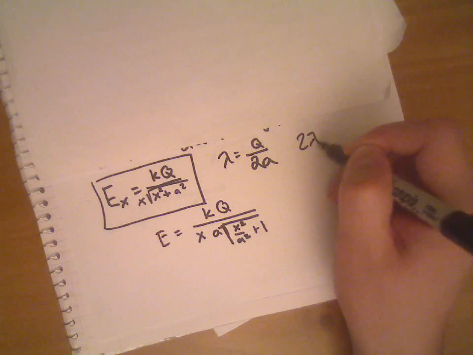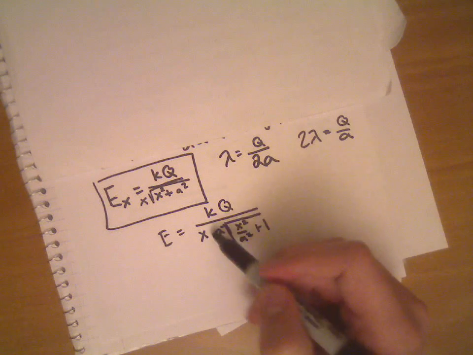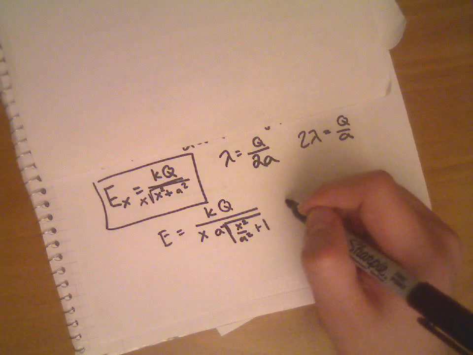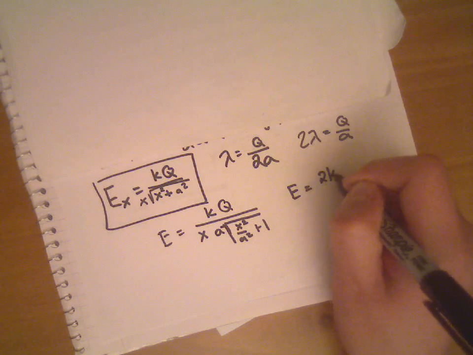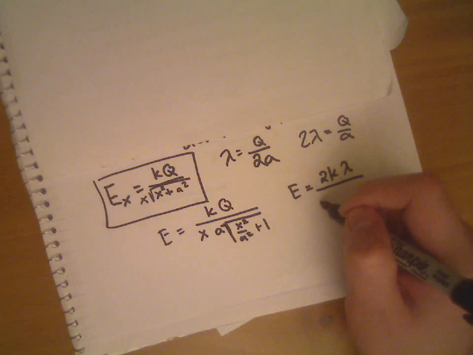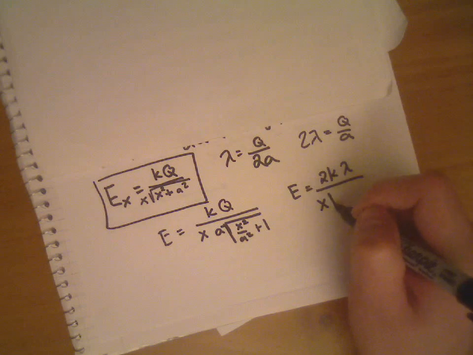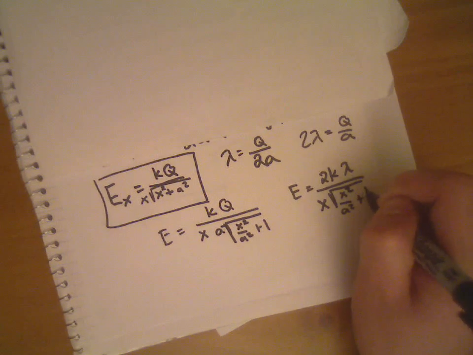So 2 lambda equals q over a. And if you notice, q over a is here. So we can just plug in 2 lambda there. So electric field is equal to 2k lambda all over x times the square root of x squared over a squared plus 1.